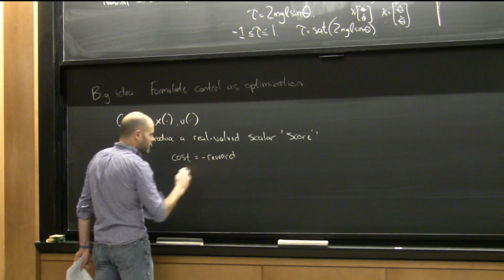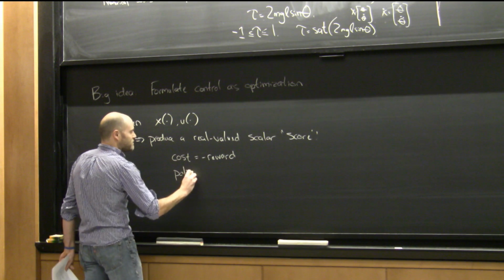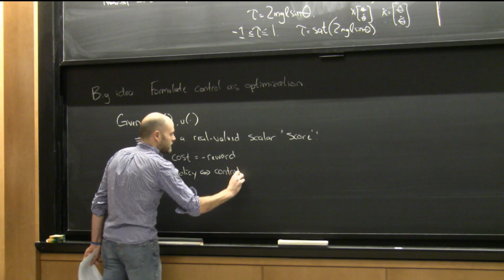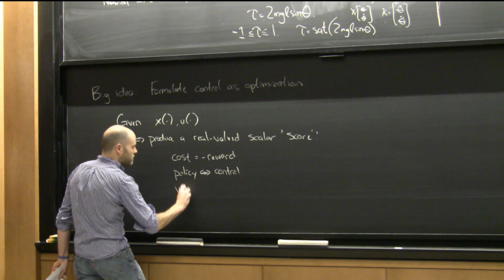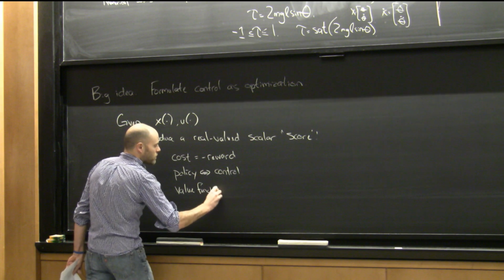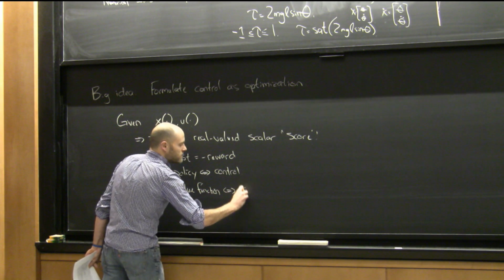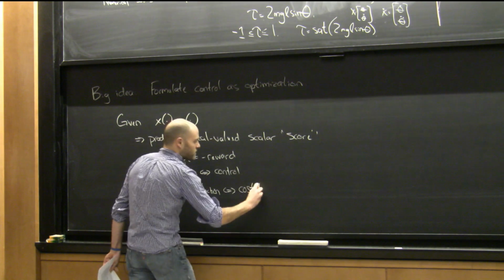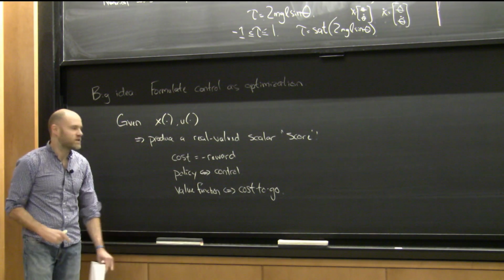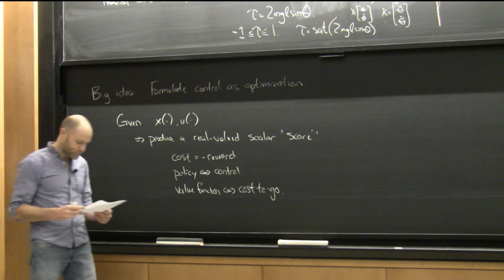It's easy to map between them. Policy is the same as a controller. And then the reinforcement learning people talk about value functions, which we'll talk about, and the control people typically talk about cost-to-go functions. But these are basically different words for exactly the same thing.